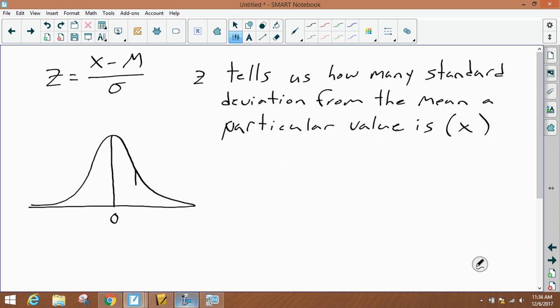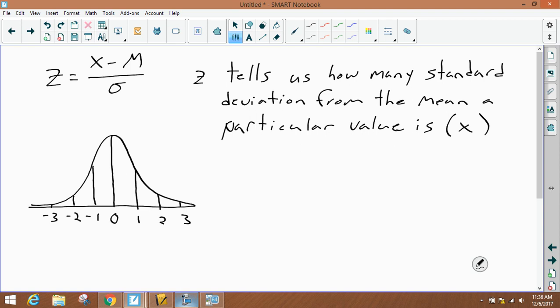And then we'll have another value at 1 standard deviation from the mean, negative 1, negative 2, negative 3, and then 1, 2, and 3. This will all make sense when we start doing problems. I'm just laying some groundwork for you, giving you the theory behind using the normal distribution to calculate a proportion or a probability.